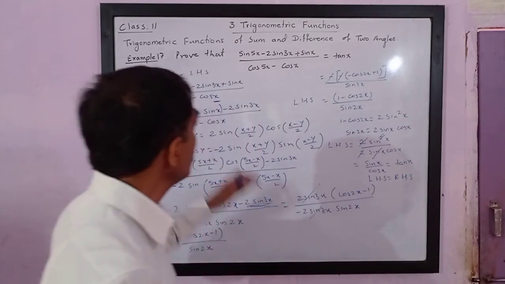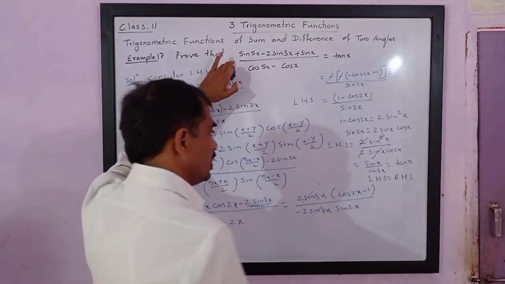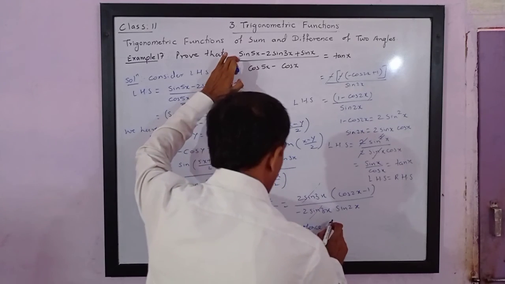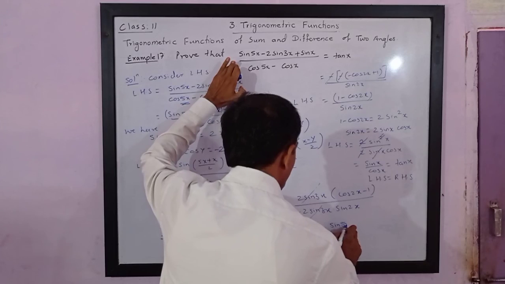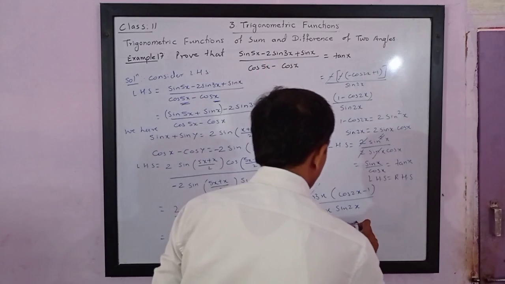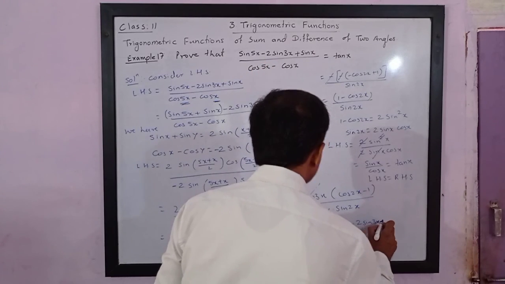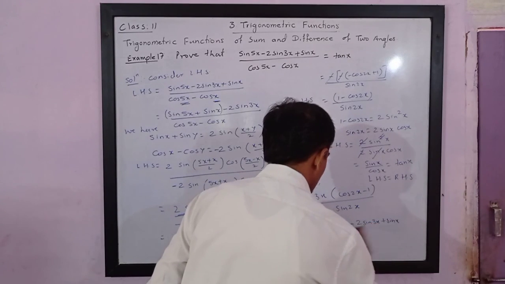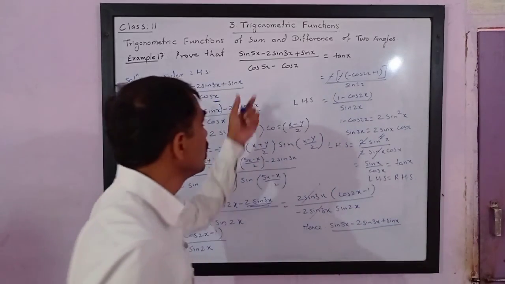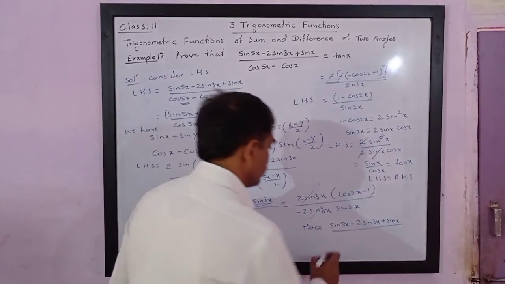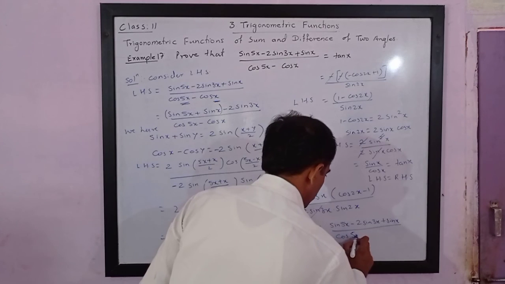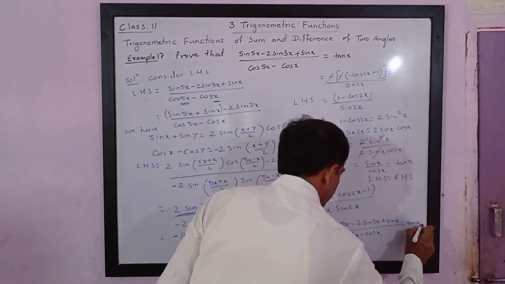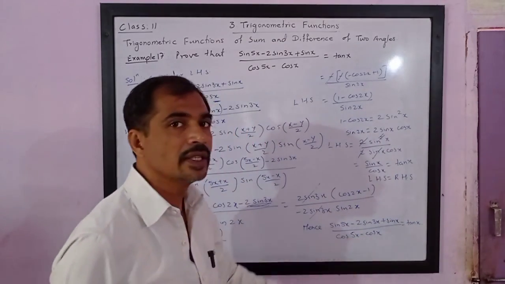Thus we can say the result: (sin 5x - 2 sin 3x + sin x) upon (cos 5x - cos x) is equal to tan x. Hence the result.